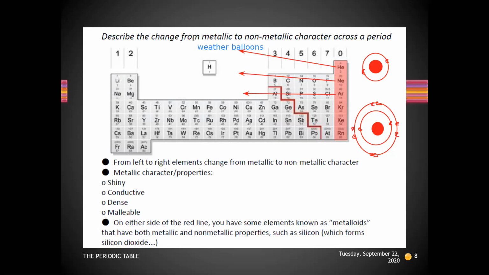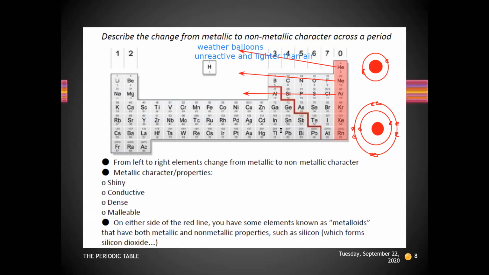Because number one, it is unreactive, and number two, it is lighter than air. So unreactive and lighter than air, these are the 2 reasons why we use helium in weather balloons.